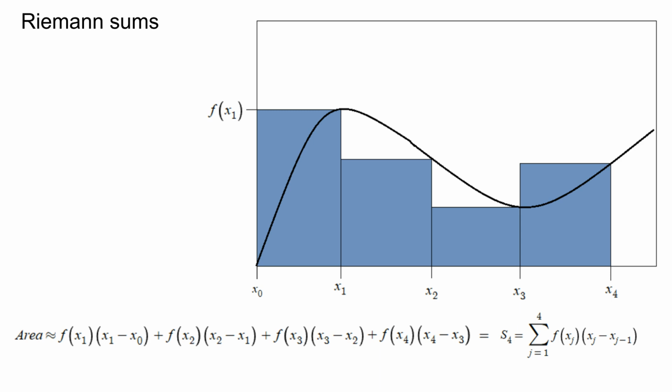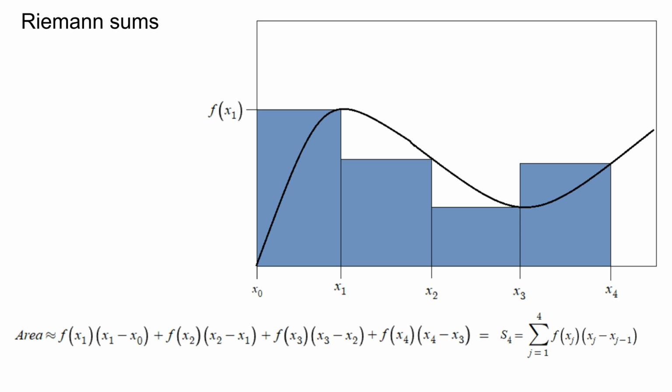We can add these rectangles to get an estimate of the area, which is equal to f of x1 times x1 take away x0, plus f of x2 times x2 take away x1, and the process repeats with the x number increasing until all 4 rectangles are accounted for.